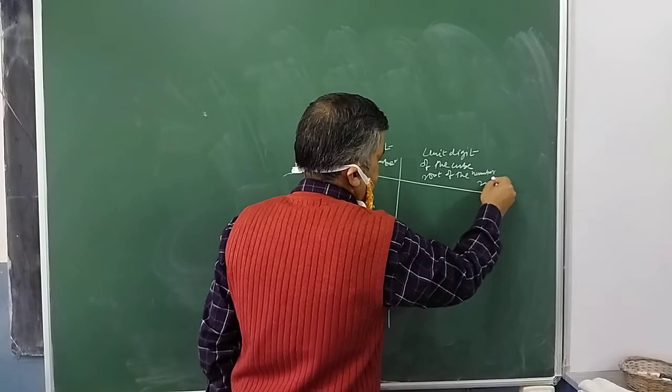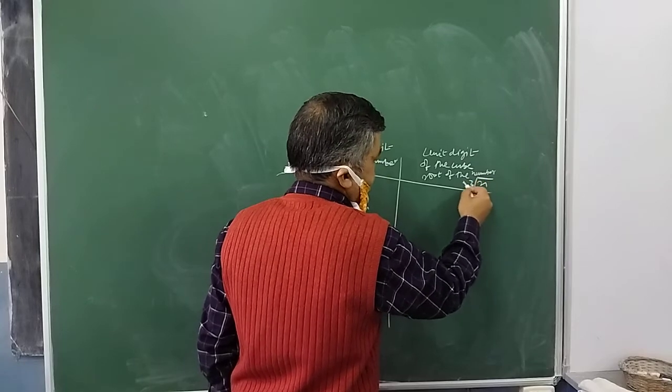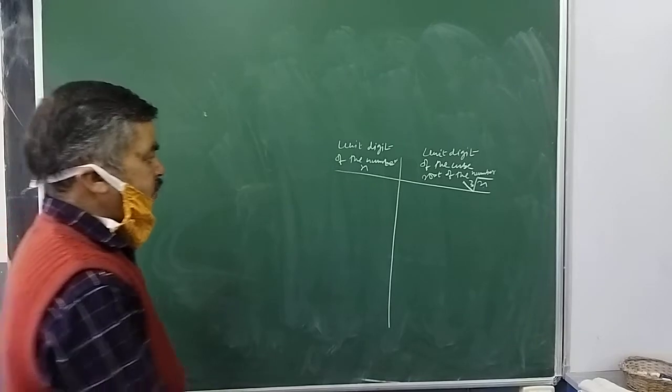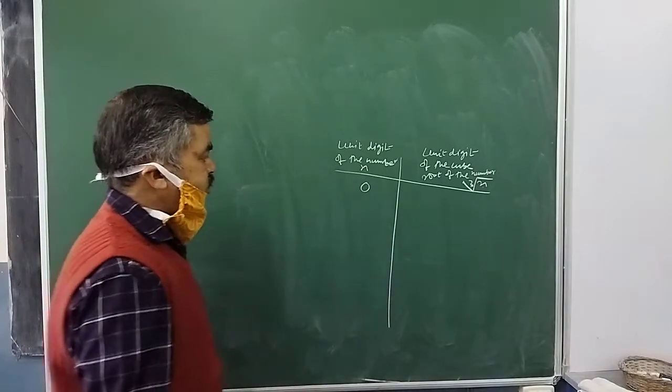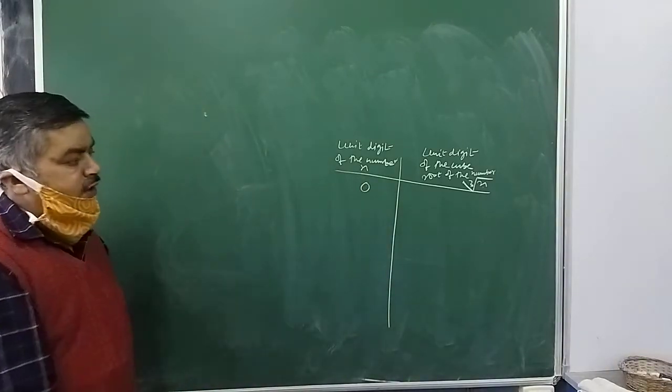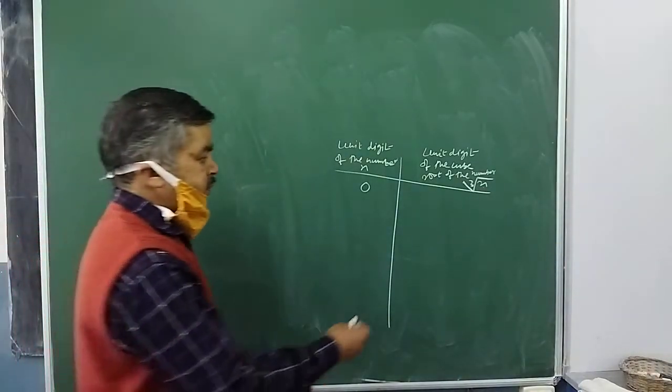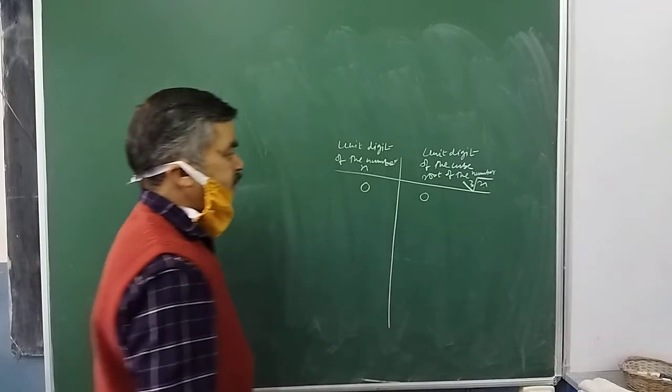If the number is n, the cube root is the third root of n, or x. So if 0 is at the unit place of any given number, then in that number's cube root, 0 will be at the unit place.